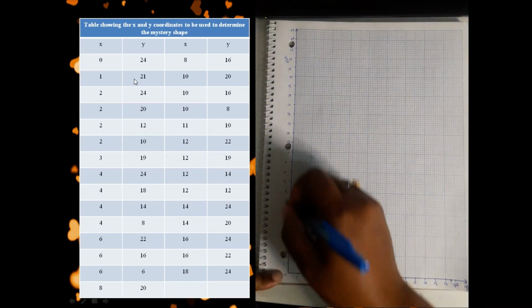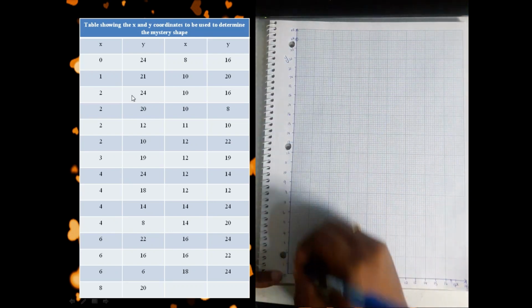So our first point is 0 to 24. 0 is our x value and 24 is our y value. Our second point is 1 to 21. Third point, 2 to 24. Next point is 2 to 20.